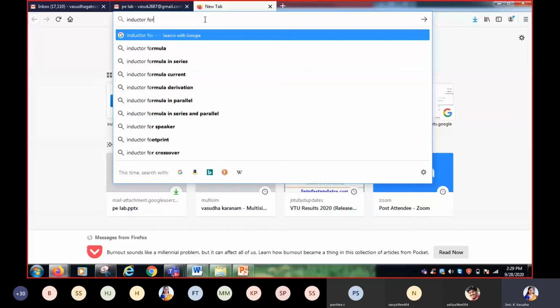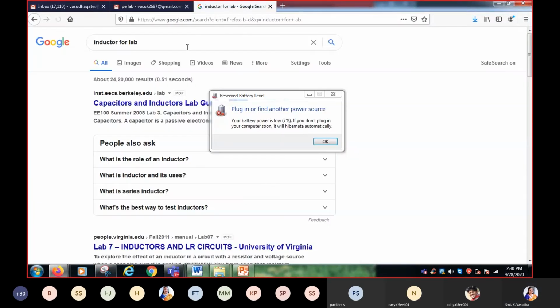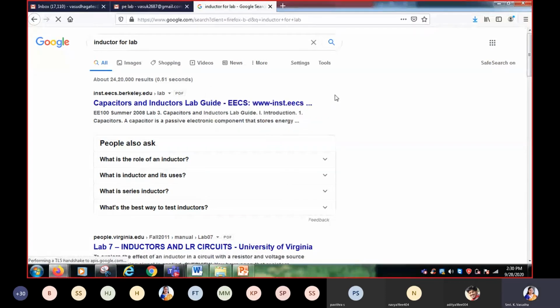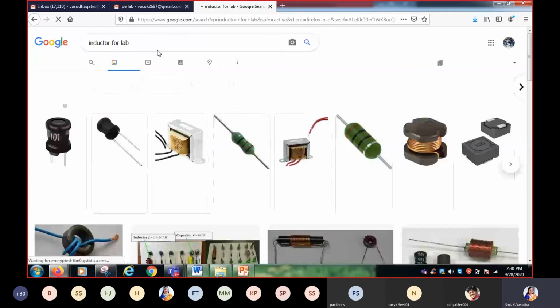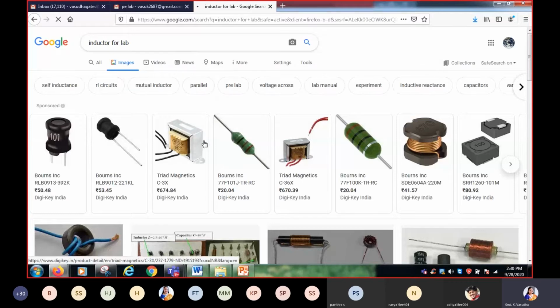Inductor for lab. One second. Have you all seen the inductor?